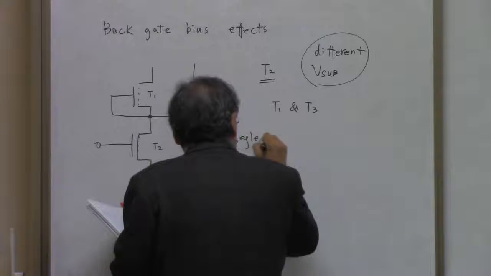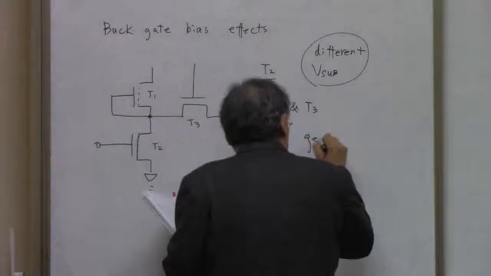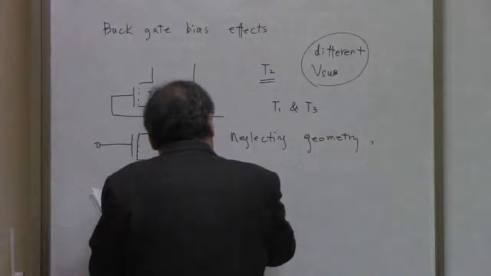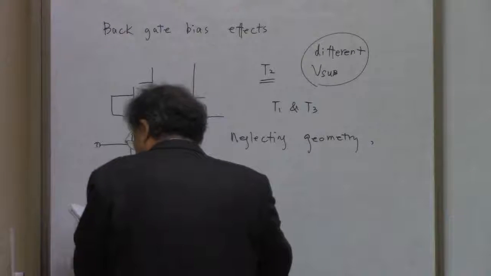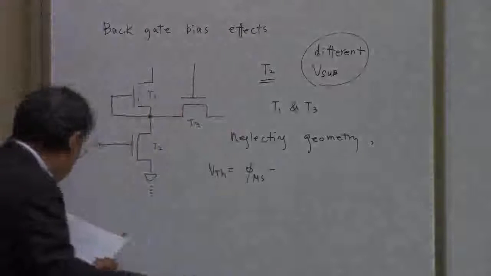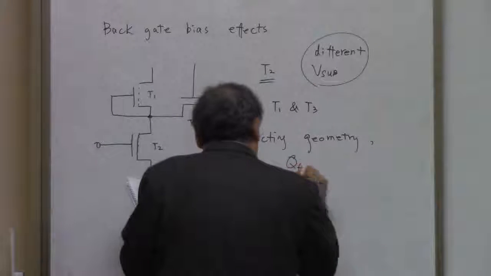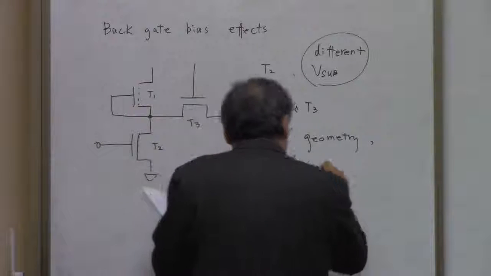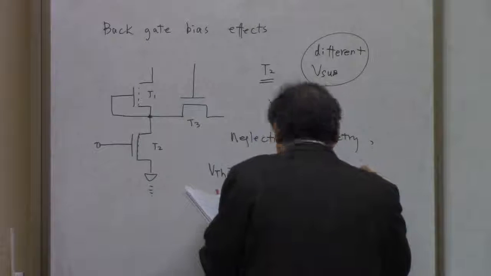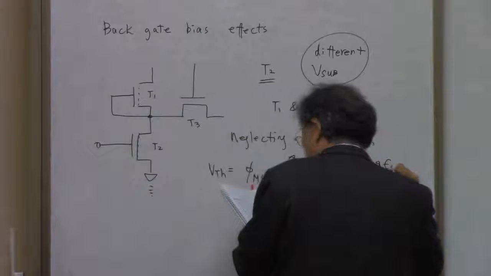Neglecting geometry, the threshold voltage, we have discussed, is going to be the work function difference from the gate and the semiconductor, and the fixed charge part, and then the flipping potential with 2q epsilon Na.